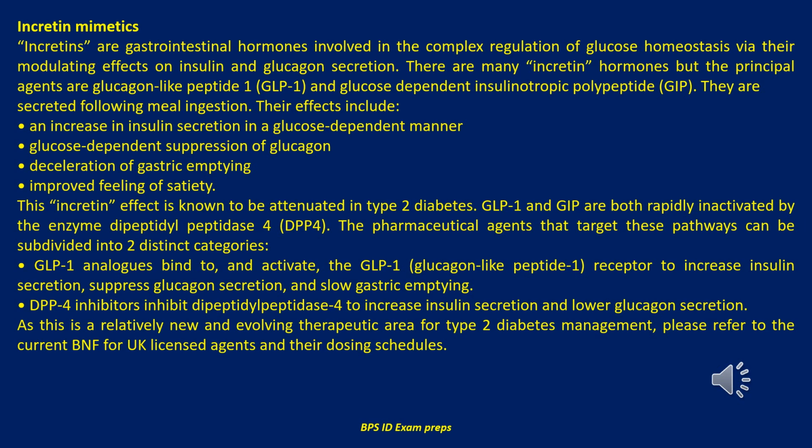DPP-4 inhibitors inhibit dipeptidyl peptidase 4 to increase insulin secretion and lower glucagon secretion. As this is a relatively new and evolving therapeutic area for type 2 diabetes management, please refer to the current BNF for UK licensed agents and the dosing schedules.